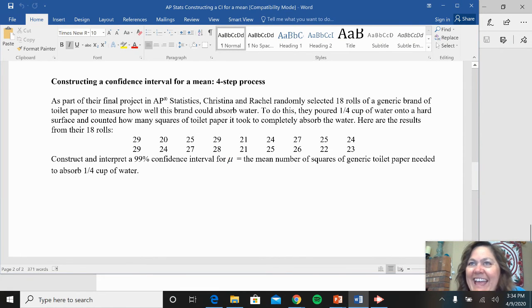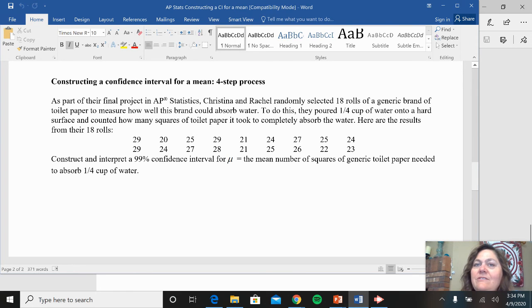But as part of their final project, they got 18 rolls of a generic brand of toilet paper to measure how well the brand could absorb water. To do this, they poured a 1/4 cup of water onto a hard surface and counted how many squares of toilet paper it took to completely absorb the water. And then here are the results from their 18 rolls.